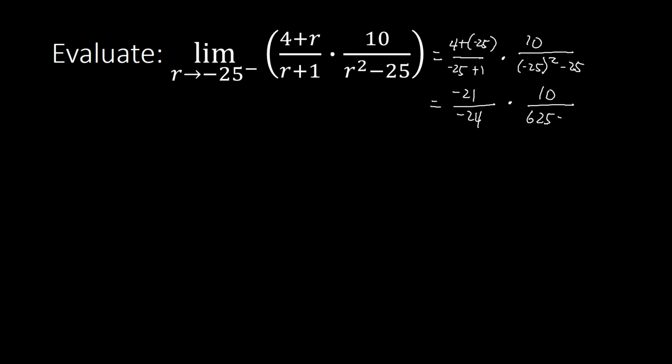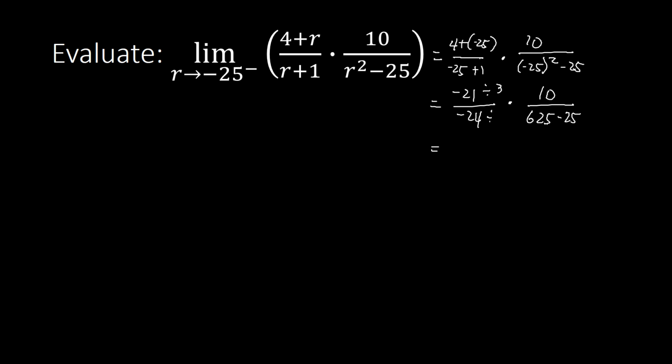And then minus 25. This is now equal to, we can simplify this one further. This is negative divided by negative, that will be a positive. The common factor here is a 3, so we will be dividing this one by 3.